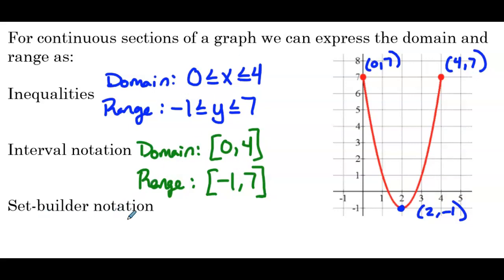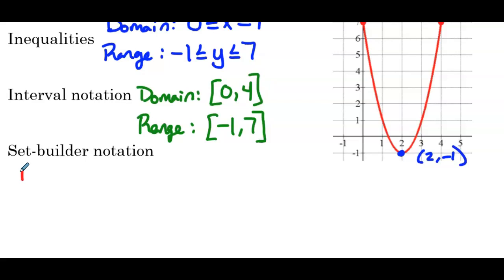So now the new one, set builder notation. Basically think of this as a more formal way to write an inequality. The domain, expressed in set builder notation, is going to basically put together the curly brackets that we've been using in the previous examples with an inequality. So it's going to look like this.